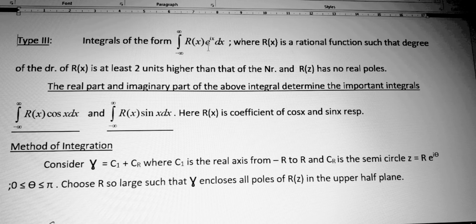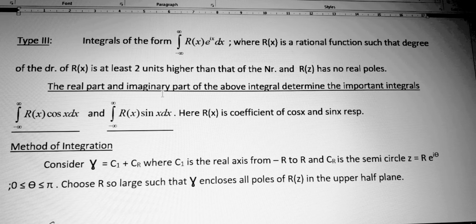Now we know that e^(ix) is cos x plus i sin x. Therefore, R(x) cos x is the real part of R(x) e^(ix), and R(x) sin x is the imaginary part of R(x) e^(ix).